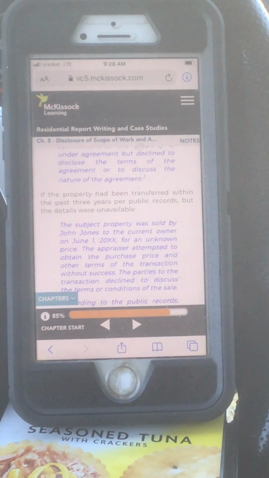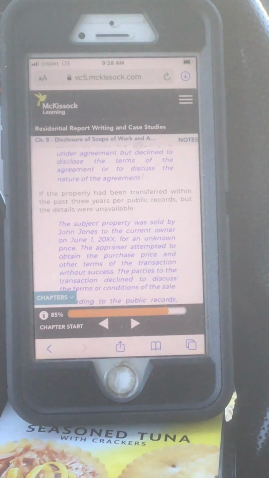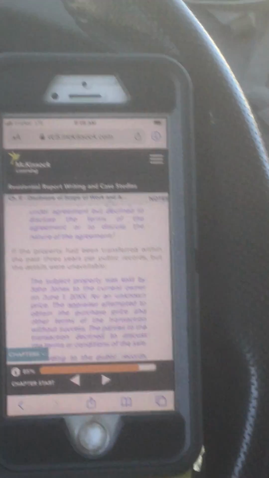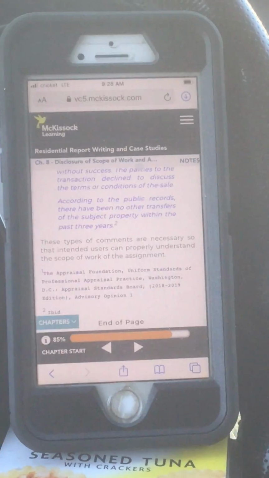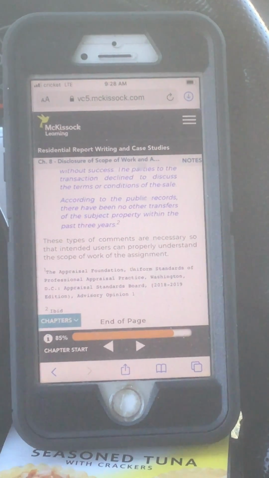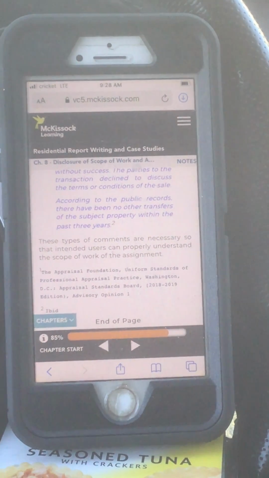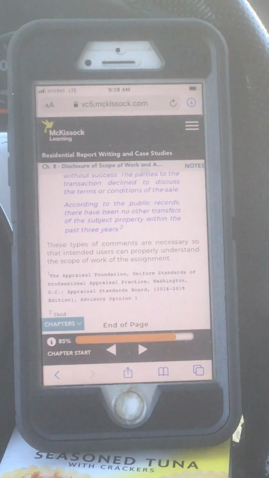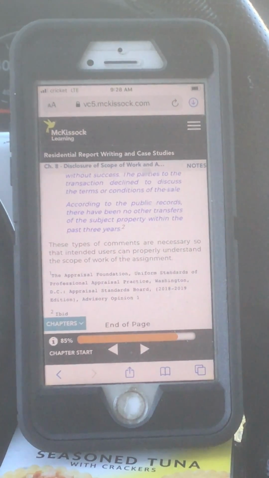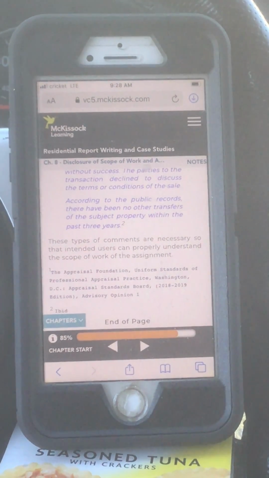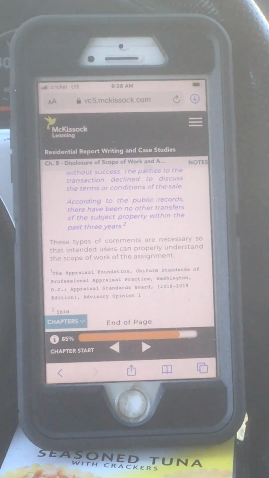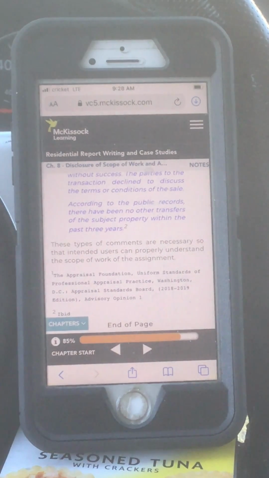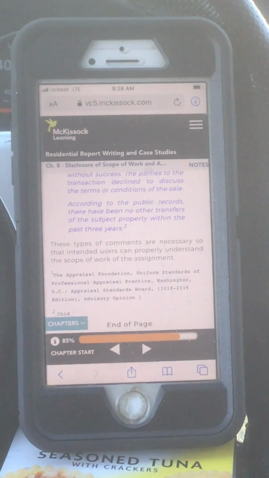The parties to the transaction declined to discuss the terms or conditions of the sale. According to the public records, there have been no other transfers of the subject property within the past 3 years. These types of comments are necessary so that intended users can properly understand the scope of work of the assignment.